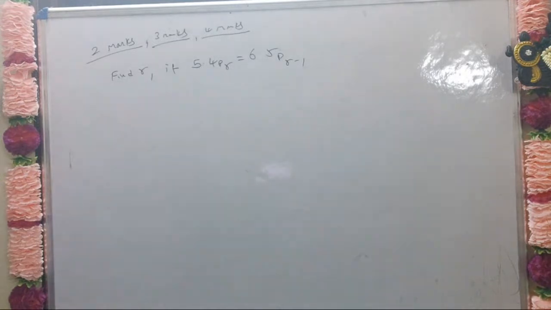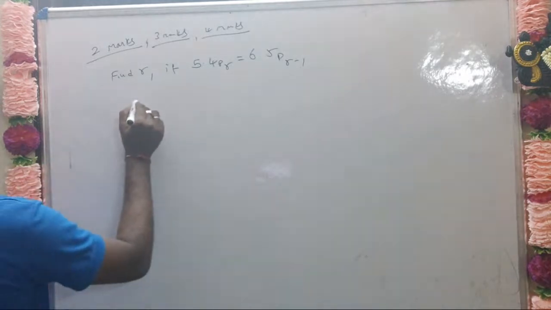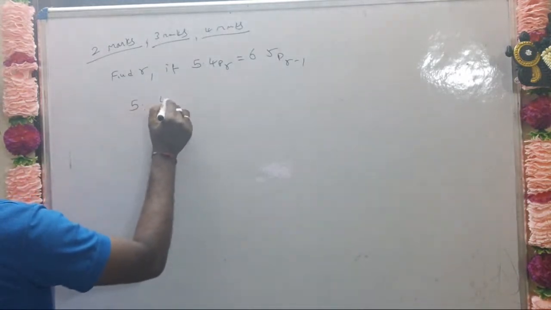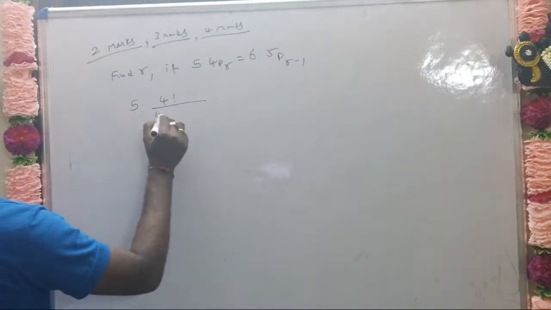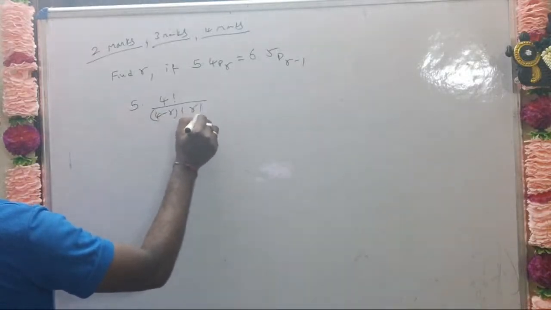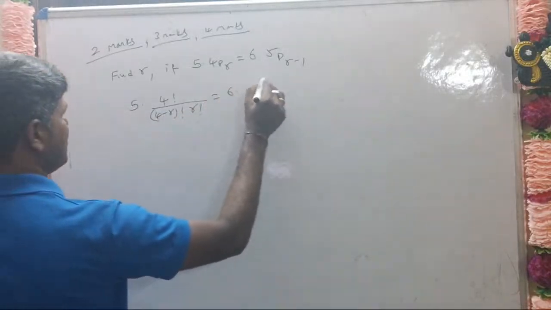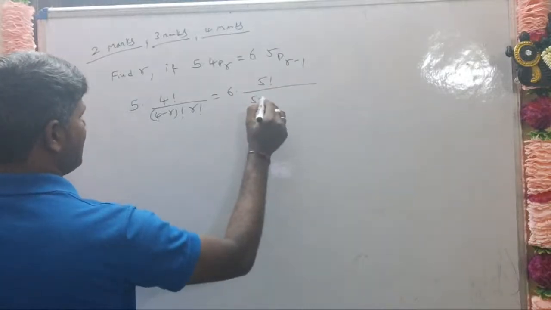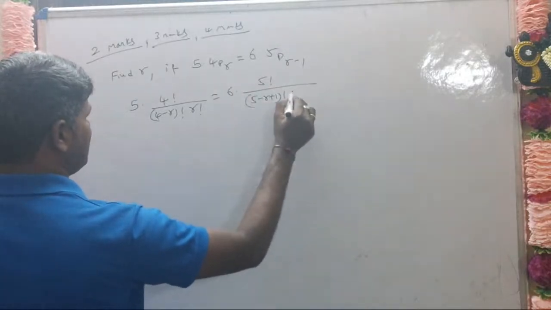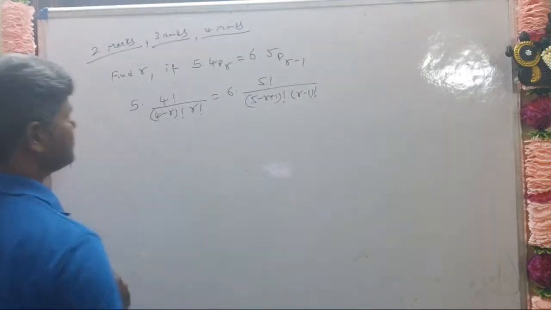See, 5 into 4Pr formula: 4 factorial by (4 minus r) factorial into r factorial is equal to 6 into 5 factorial by (5 minus r plus 1) factorial into (r minus 1) factorial.